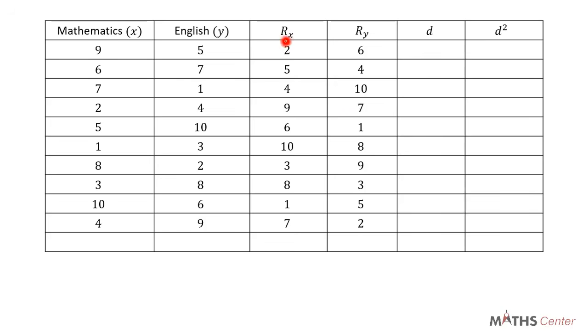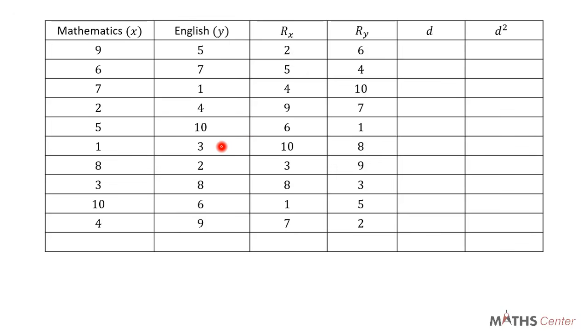So now we have the Rx values and then the Ry values. You can see that in the previous example and in this example, I ranked the scores from highest to lowest. So the highest one has a rank of 1, the next one a rank of 2, and then the lowest score will have the lowest rank.